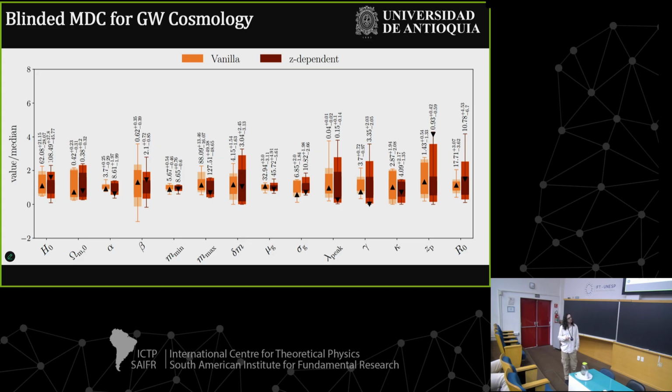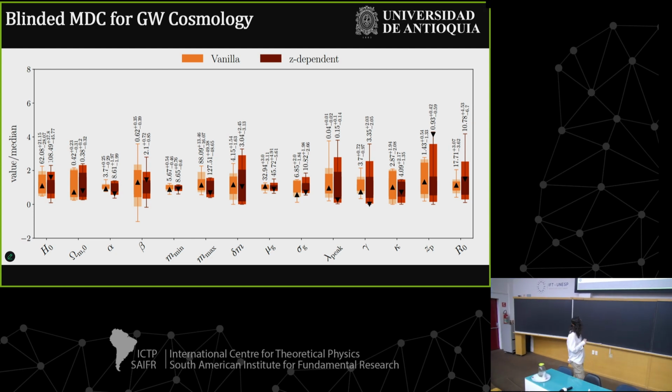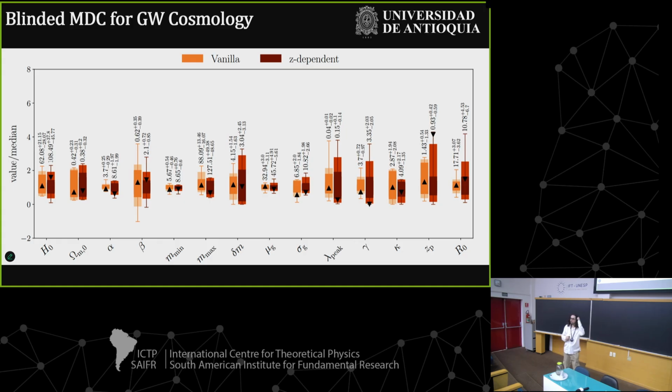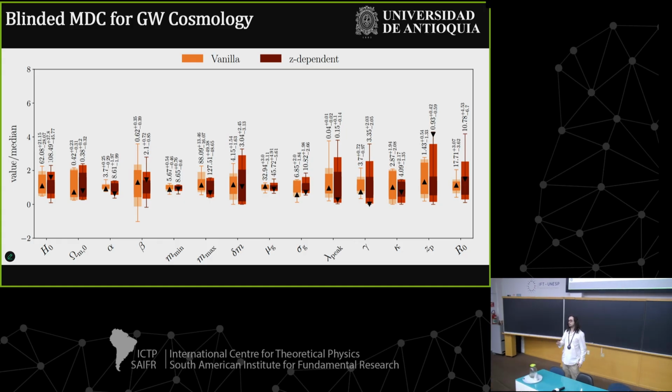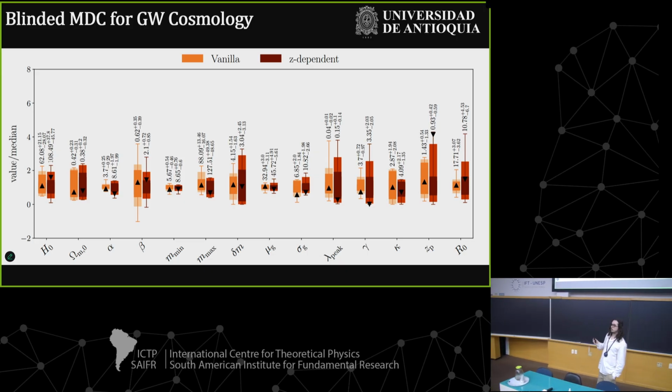As you can see, for most of the parameters in the vanilla case, they are within the 90% confidence regions. This shows that if you assume the same population model for the analysis as the one used for creating the data, you have robust results.